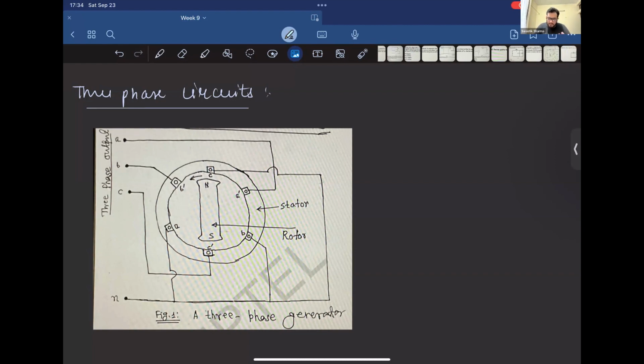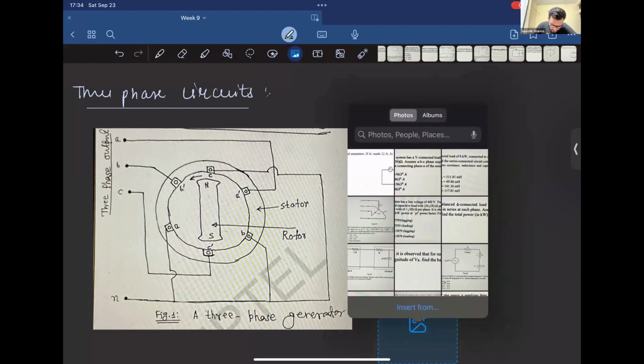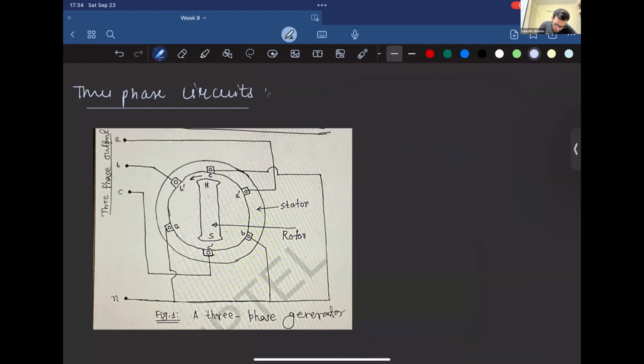Similarly, there's a single pole permanent magnet rotor, and when it rotates, the conductor A dash, which is a single conductor here, the output is taken from A dash, and A is connected to the neutral.